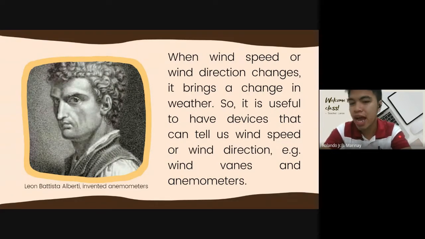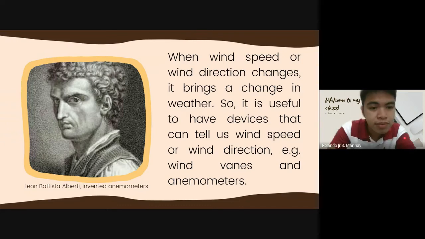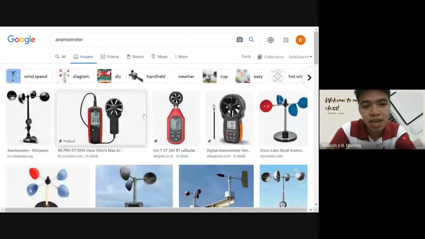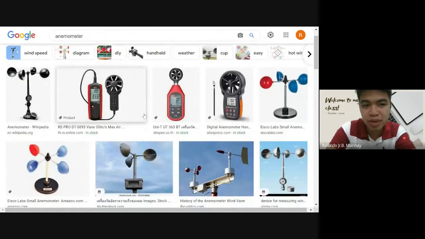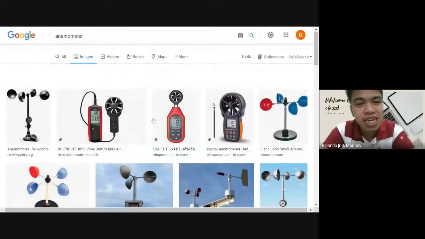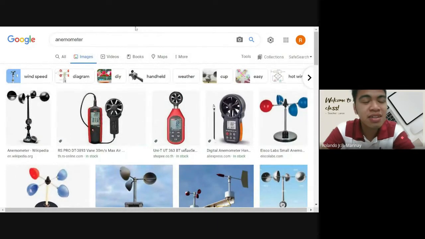Okay, this is an anemometer. This is used for measuring the speed of the wind. This is called an anemometer. It was invented by Leon Battista Alberti.